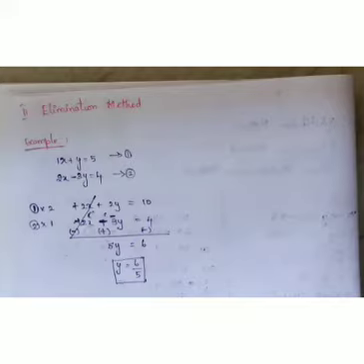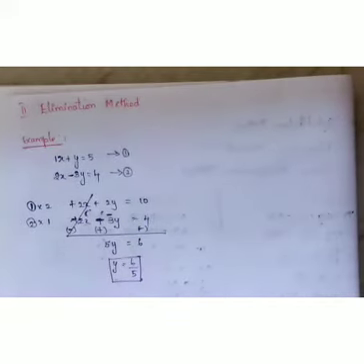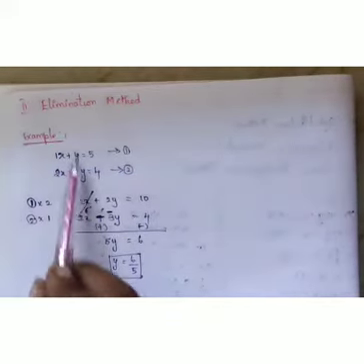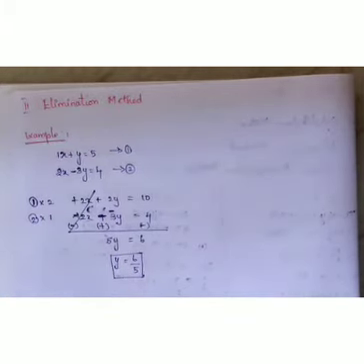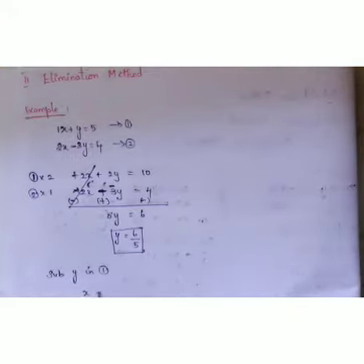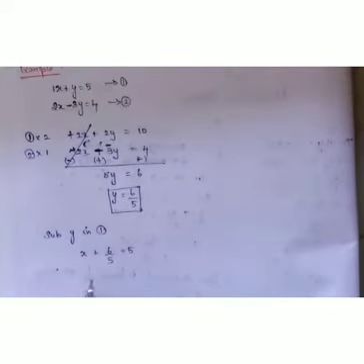Now take this y value and substitute it in the first equation. We can substitute in any one of the equations. Let us substitute it here. Substituting y in equation 1, x plus 6 by 5 equals 5. x is equal to 5 minus 6 by 5, because when it goes to the other side it becomes minus 6 by 5.